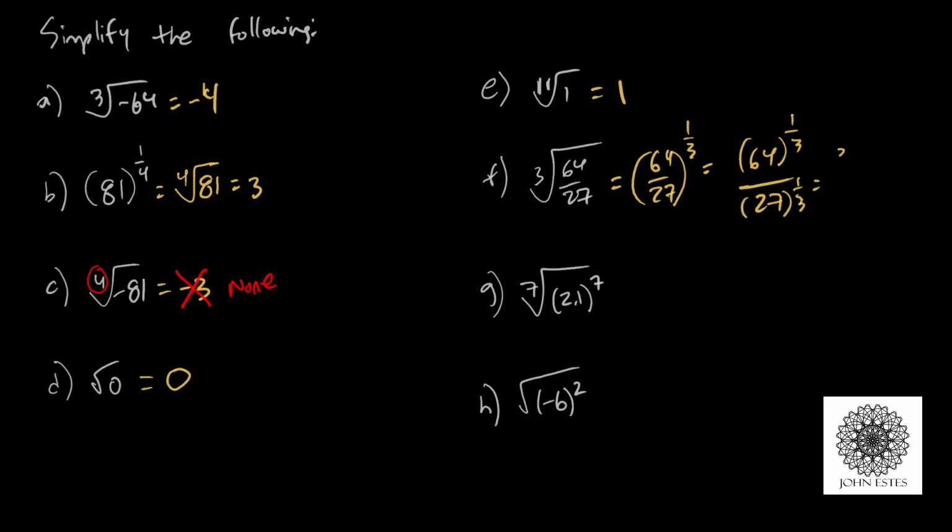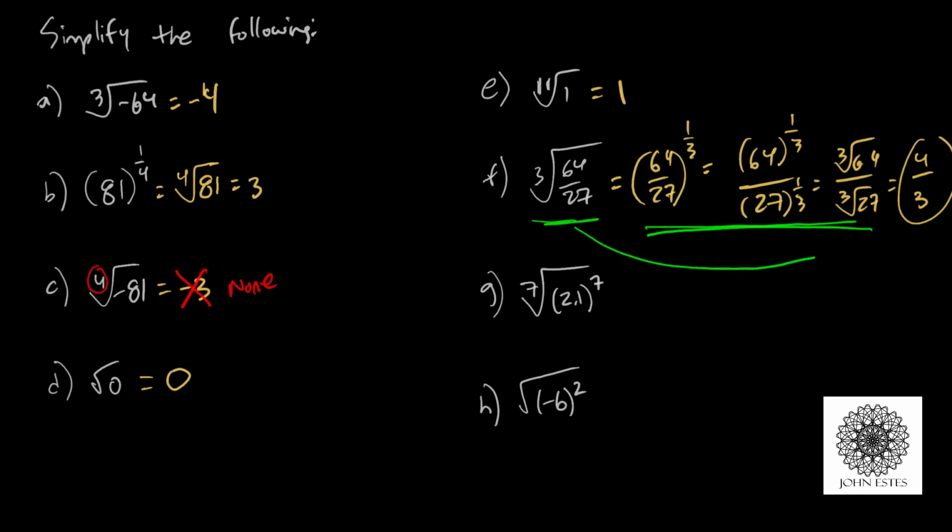So that means I have the cube root of 64 over the cube root of 27. We already did the cube root of 64. We know it's 4. And the cube root of 27 is 3. So 4/3. So I didn't really need all this stuff in the middle. I just wanted to highlight that I can do that with my properties of exponents. I could have gone straight from there to see that the cube root of 64 over 27 is 4/3.